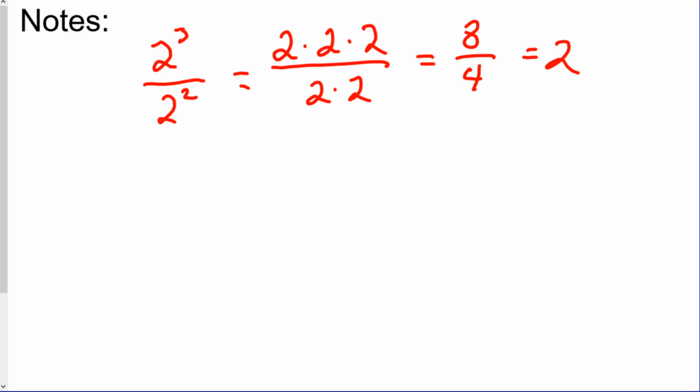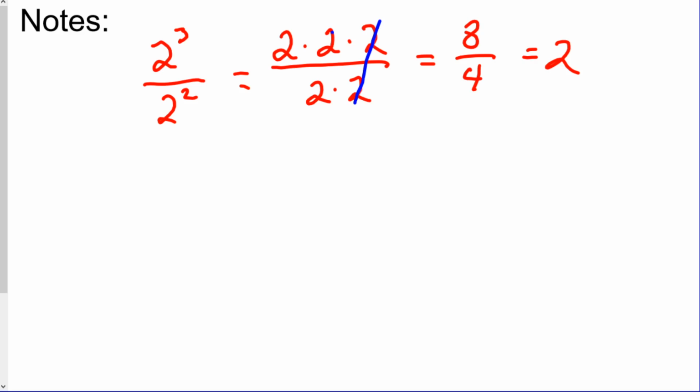If you're familiar with fractions enough to understand that if you have the same number on the top and the bottom and you're multiplying everything together, this only works if you're multiplying everything together and if the bases are the same, keep that in mind, we can cancel out anything that's the same. So if we multiply the top by 2 and we multiply the bottom by 2, we're not changing the value, so we can get rid of that.